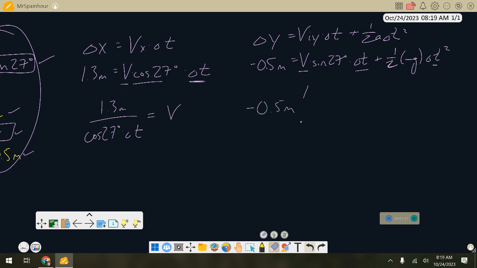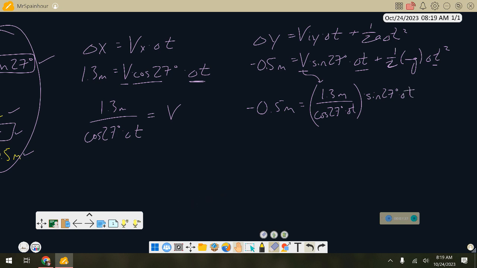Negative 0.5 meters equals v, which is 1.3 meters over cosine of 27 times time. Okay, that was just this right here, so I now have the sine 27 times time.